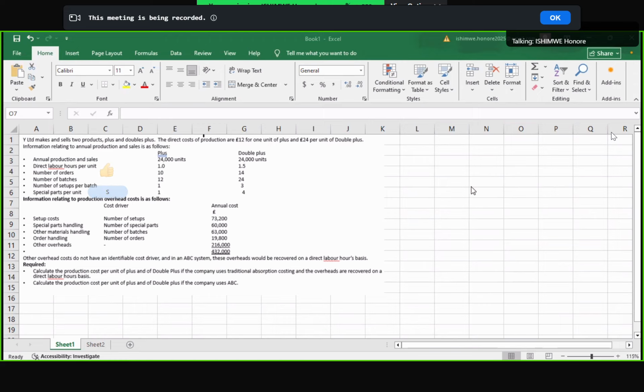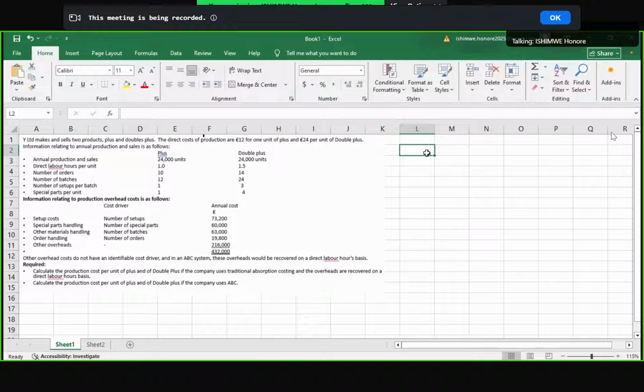Now, let's go. They tell us that we need to use ABC and traditional costing. Let me remind you of what we have already discussed on activity-based costing. There are different steps to implement it, but we're not going through all 5 steps.